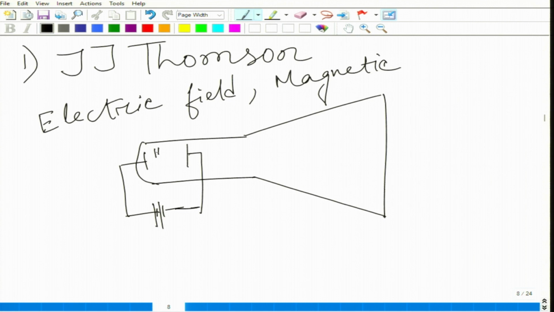And there was some gas which liberated electrons. Here the modification that was done is they put two plates which created electric field. One was positively charged and one was negatively charged. Thomson also put magnets in this setup.